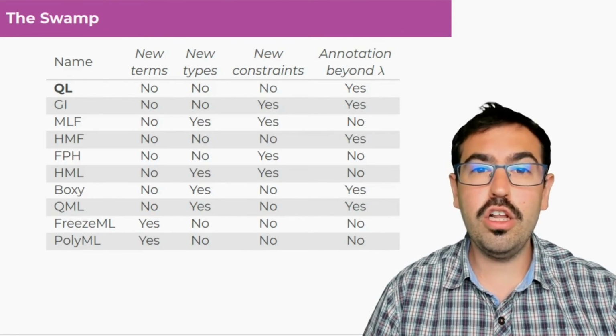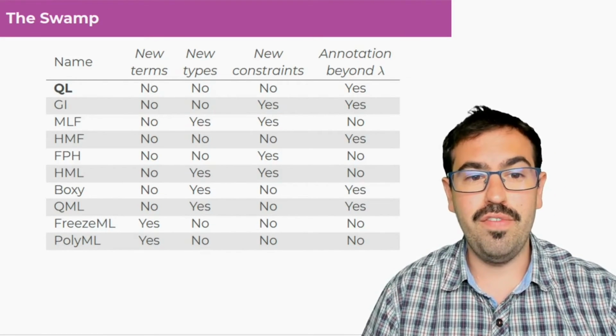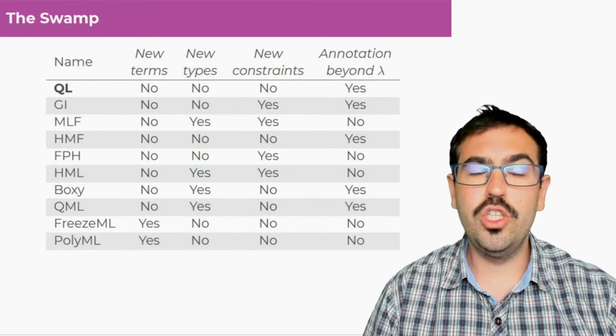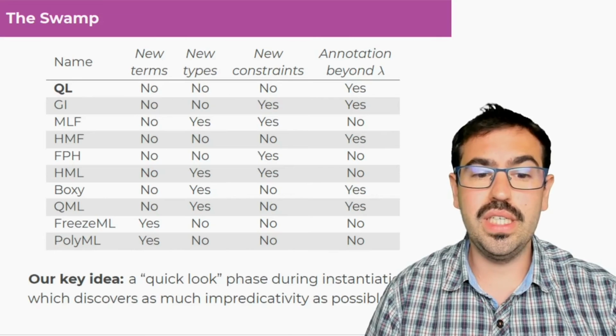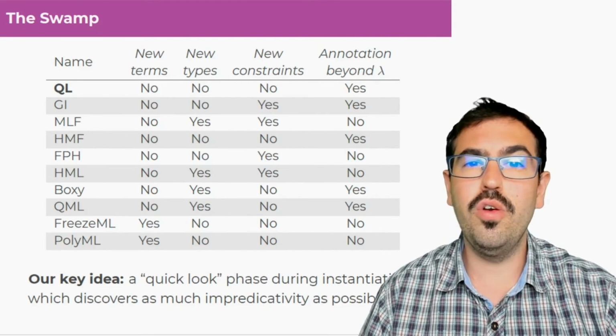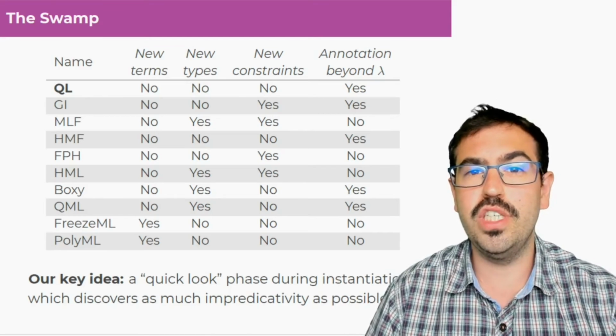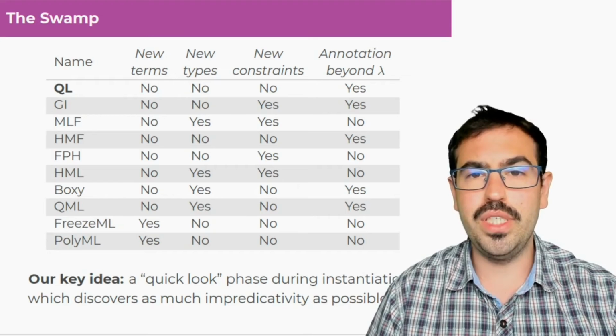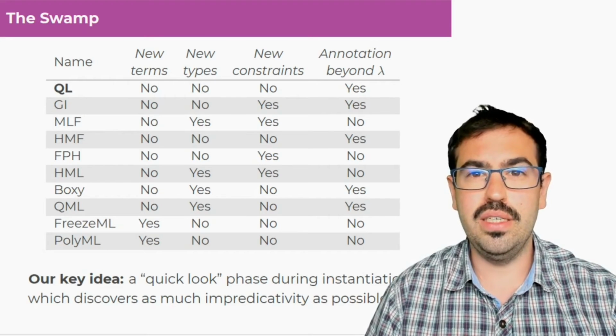There's been a lot of work about impredicative inference. There is so much related work. Here I want to present Quick Look, which is a new idea in which we introduce a new Quick Look phase during instantiation which discovers impredicativity as much as possible, and then the rest of the type checking just remains as it was.